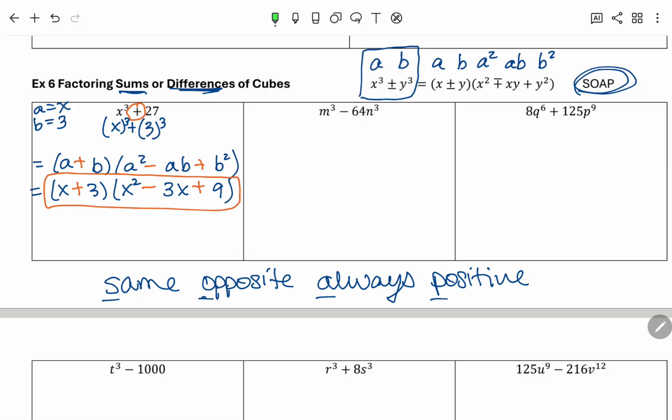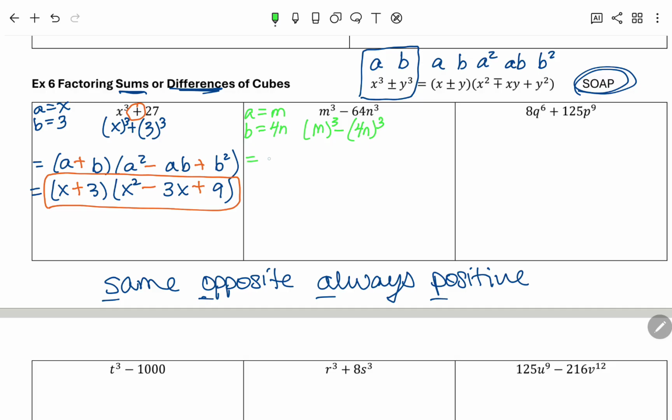So I look at this and I say to myself, well, this was m and it got cubed. And this was 4n and that got cubed. And it's a difference of cubes. So A is going to be m and B is going to be 4n.